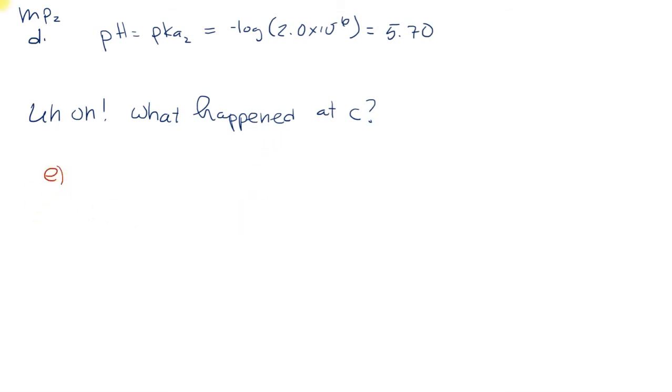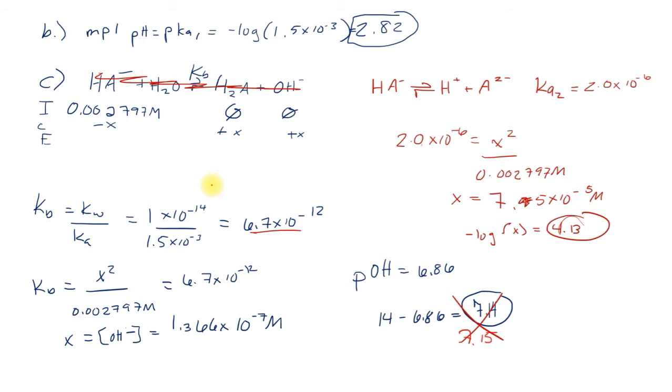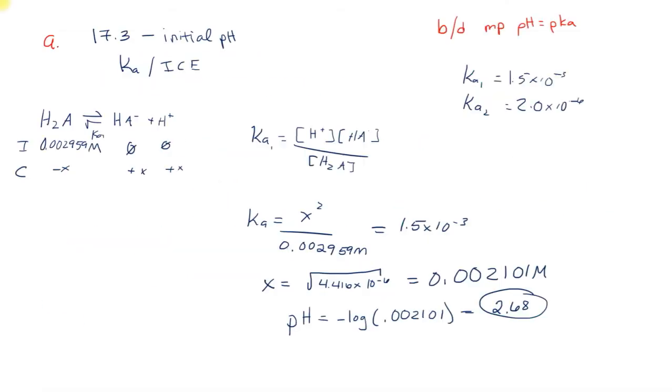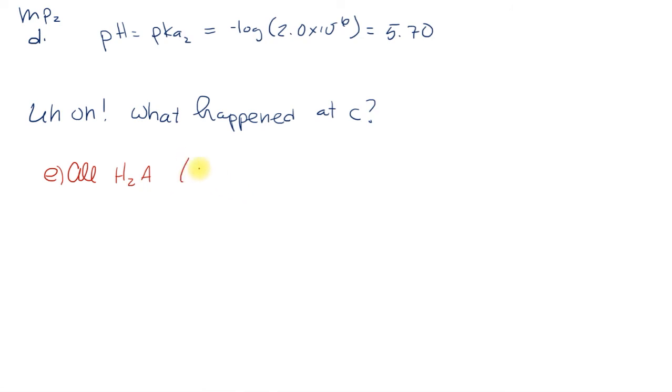That'll be point E. So at point E, all of the H2A that we started with, in this case it was, how many moles? 2.959. All of that is now converted all the way, so it's 2 steps, into that conjugate.